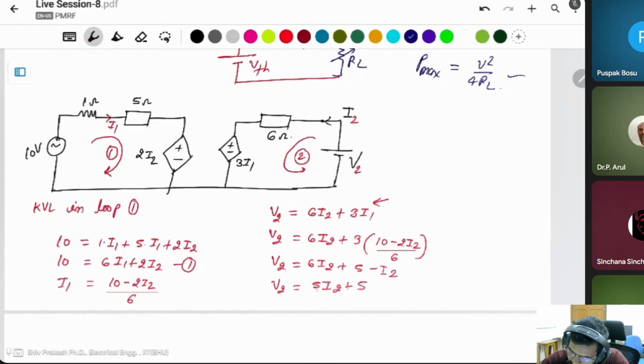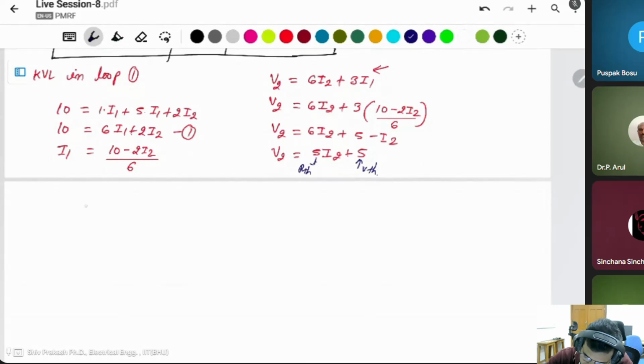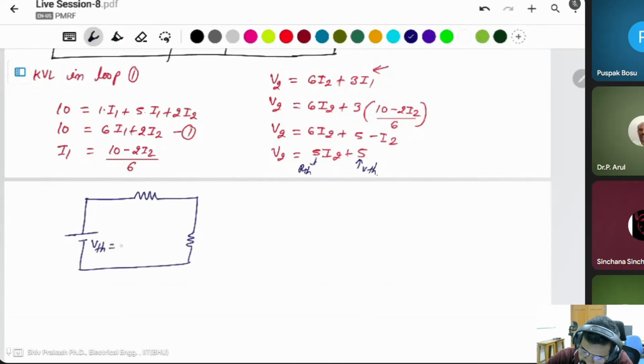And you know about this one, this is the RTH in this method and this is the VTH. Simply you can make a circuit like VTH and RTH, then you can apply a RL load. VTH is equal to 5 volt, RTH is equal to 5 ohm, and this is RL.